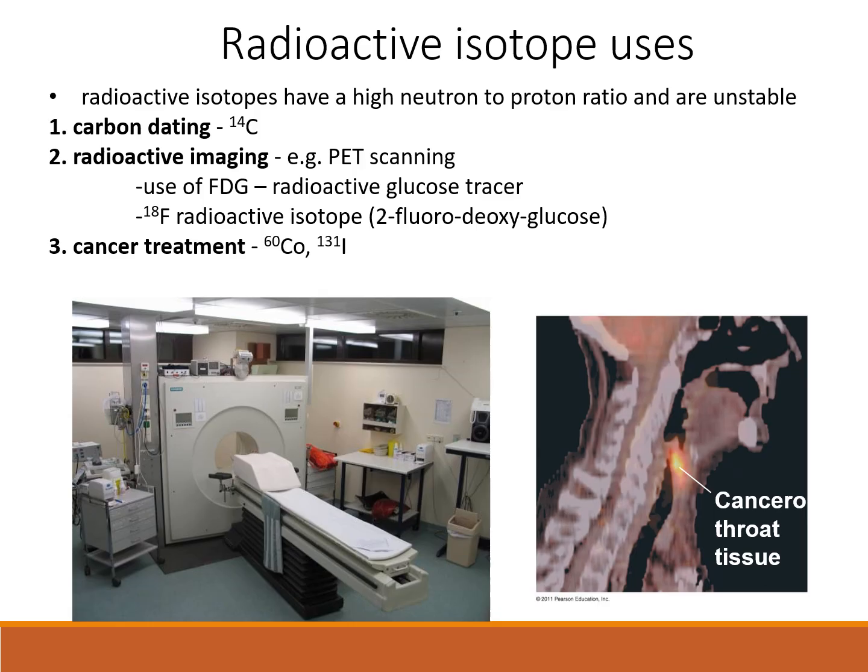And everything on this planet which contains carbon is going to have a minute amount of carbon-14. So if you know just how much carbon-14 is found in that object, and you understand the idea of radioactive decay, you can use carbon dating to figure out just how old that carbon-containing object is.